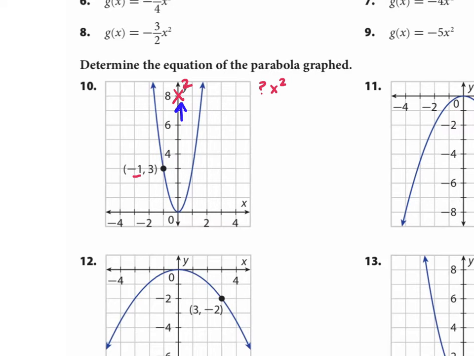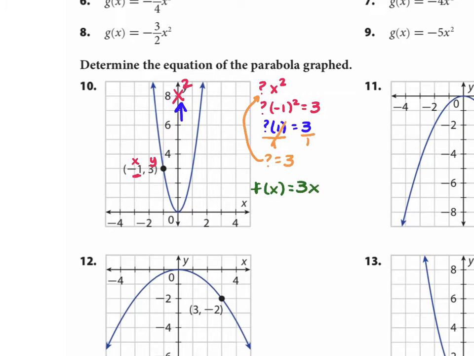Now, that x is going to be 1, the y is going to be 3, so this is going to be something times 1 squared is equal to 3. So the 1 squared is 1, so something times 1 is 3. If we divide each side by the 1, we get that that something is 3. So we're going to plug that in, and we get f of x is equal to 3x squared.